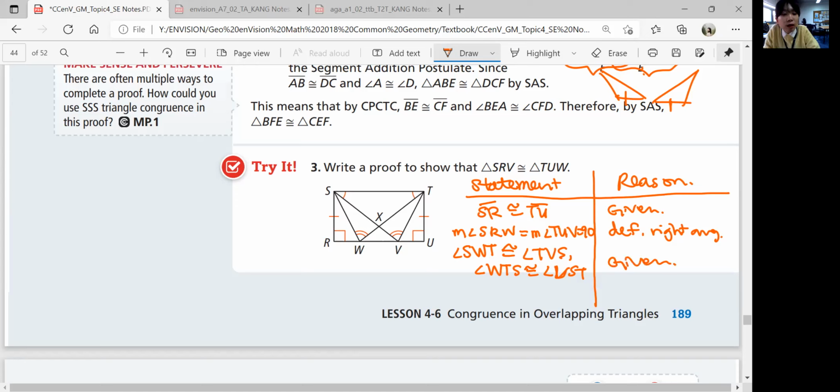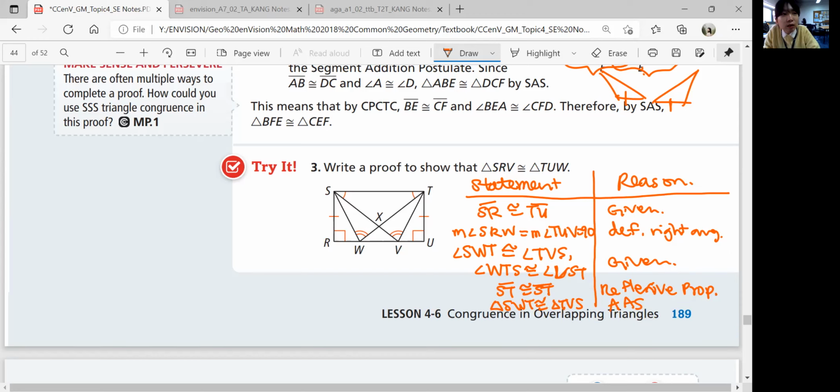Okay. And then we're going to prove the triangles are congruent. So since these two are congruent, we're going to say that ST is congruent to itself by reflexive property. And then we can say that the triangles SWT and TVS are congruent by AAS, triangle congruence criterion.